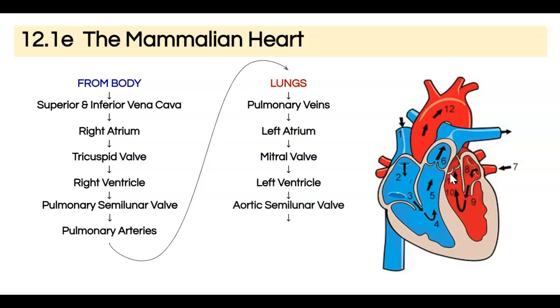The aortic semilunar valve, or simply aortic valve, and then boom, out the aorta, eventually to the rest of the body. Just remember that there's also a lower component of that aorta.